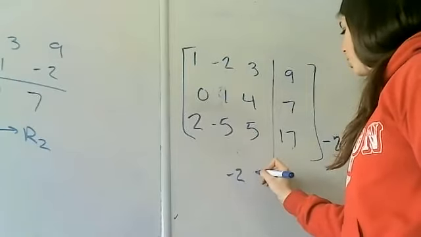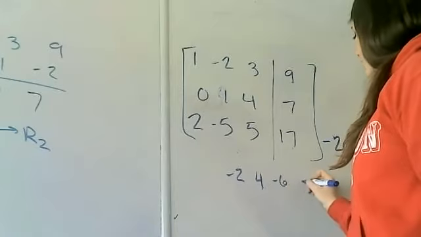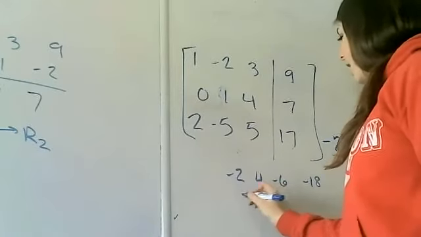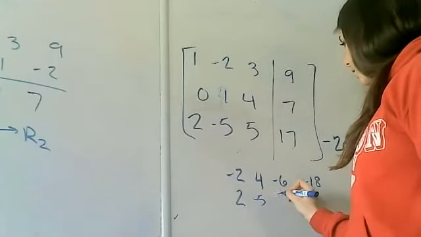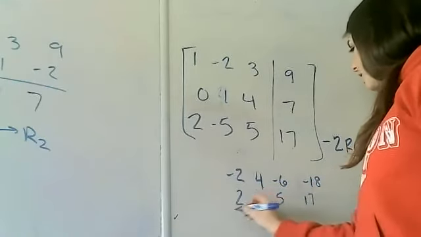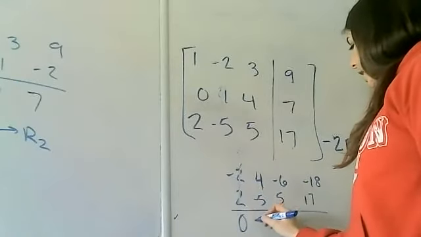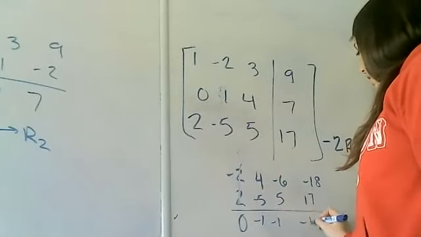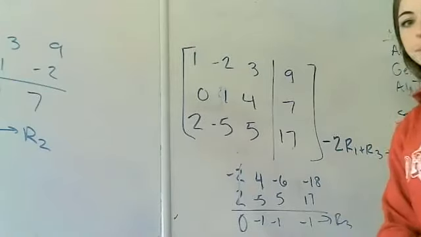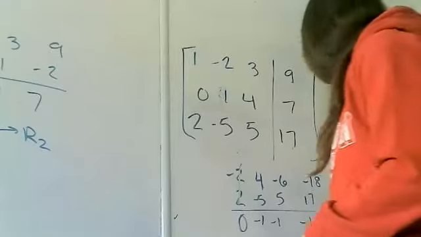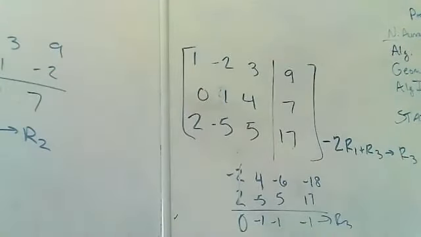That would be -2, +4, -6, and -18. Added to 2, -5, 5, and 17. Cancels to 0, and -1, -1, -1. This is my new row 3. Okay, I'm going to continue that row 3 way over here.